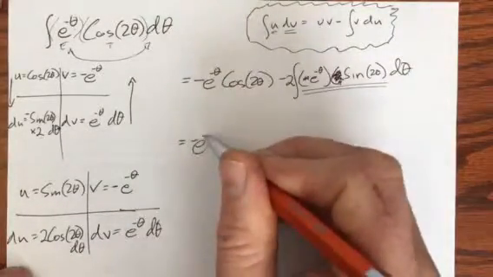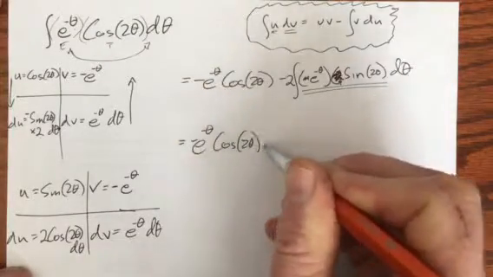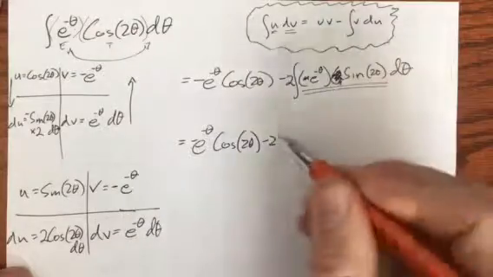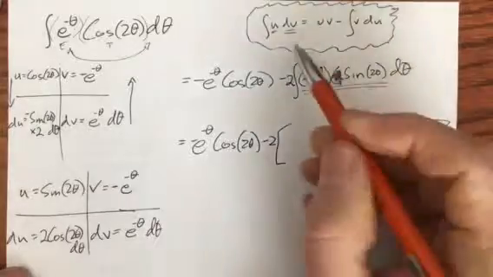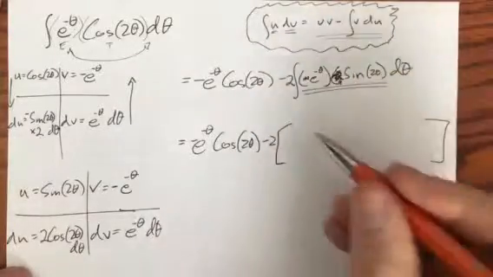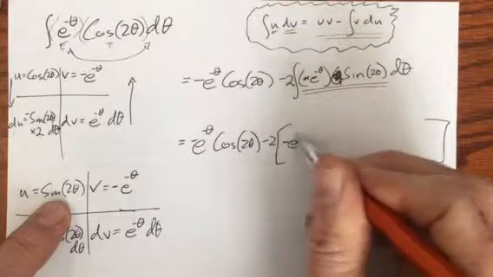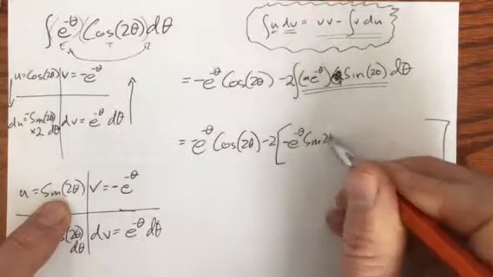So I've got minus e to the minus theta cosine of 2 theta, that doesn't change, minus 2, and inside this is going to be another one of these parts, where it's u times v, so that's minus e to the minus theta times the sine of 2 theta.